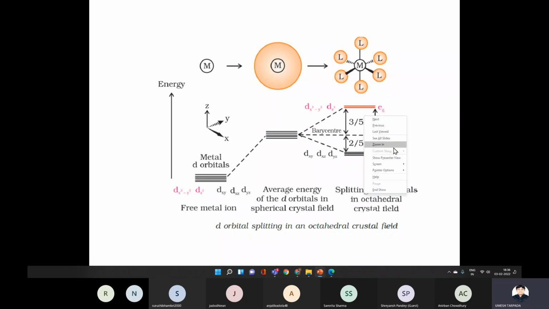Here it is 6 Dq and the other one is 4 Dq.